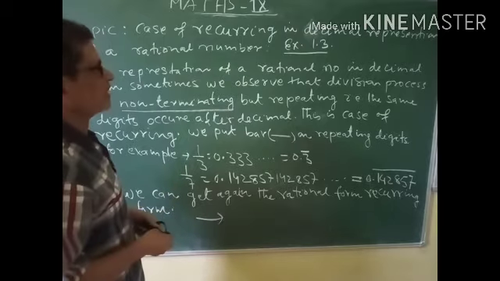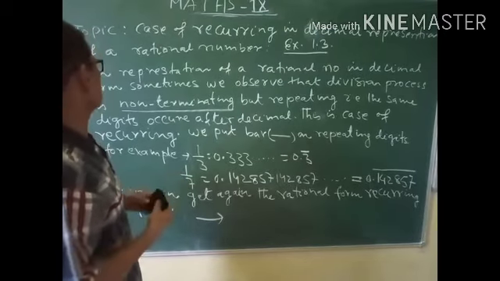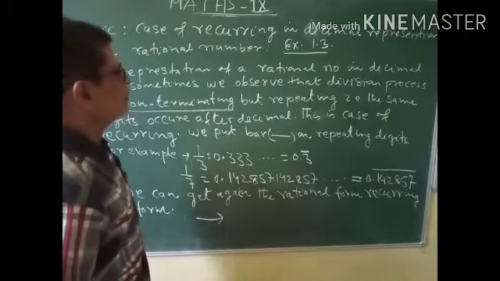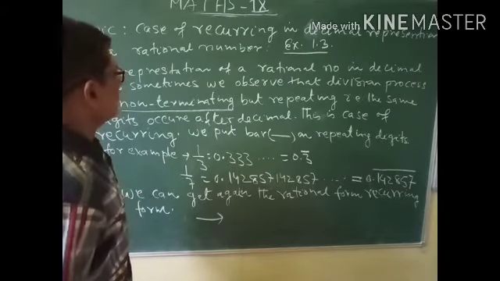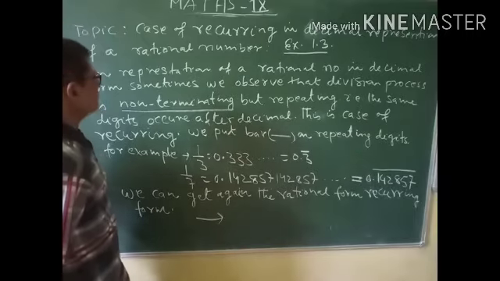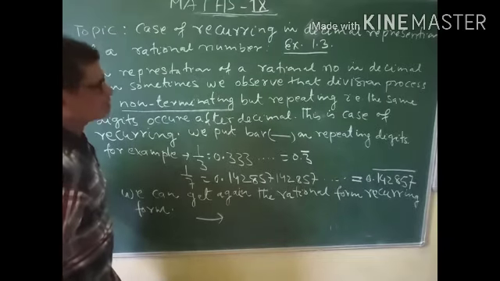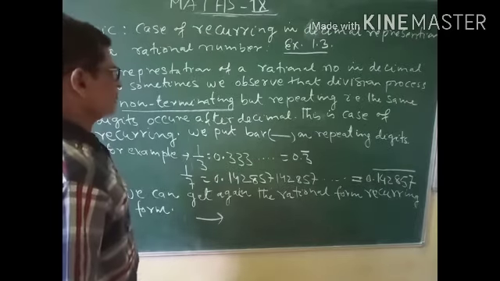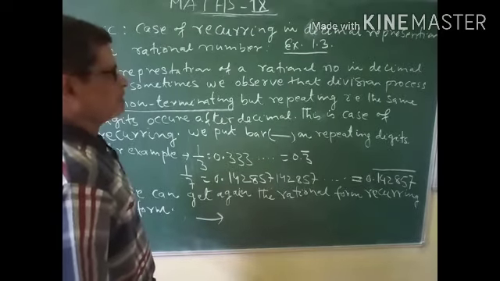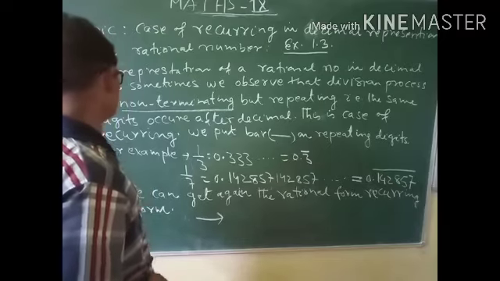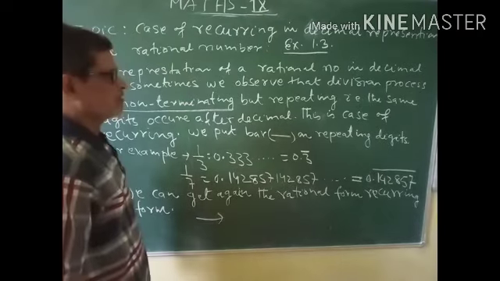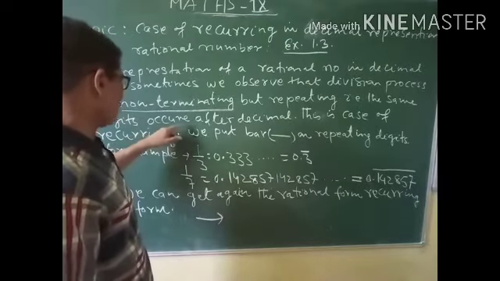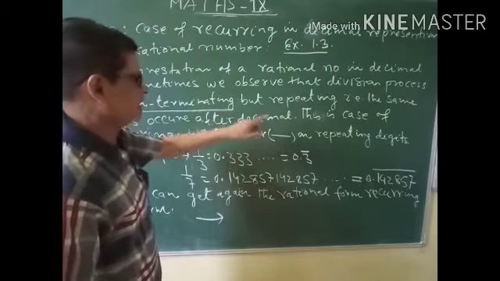Topic: case of recurring in decimal representation of a rational number, Exercise 1.3. I have already told you that in the representation of a rational number in decimal form, sometimes we observe that the division process is non-terminating but repeating, that is, the same digits occur after the decimal.